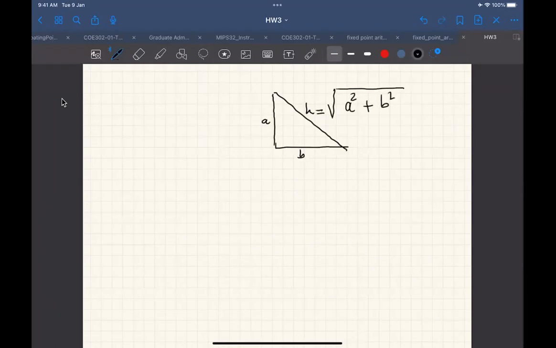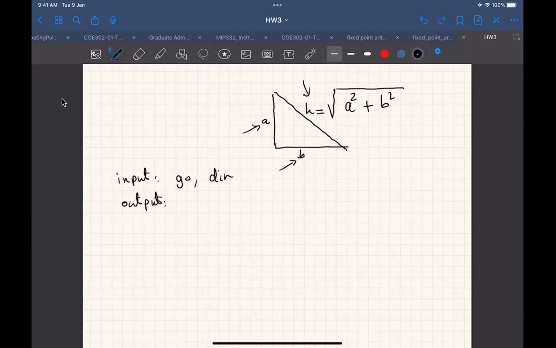So our circuit will take as input A and B, and produce H. So the input will be, in addition to go, of course, A and B, but we don't use A and B, we use data N for both A and B. We take them in 2 consecutive clock cycles, and then the output is going to be what?